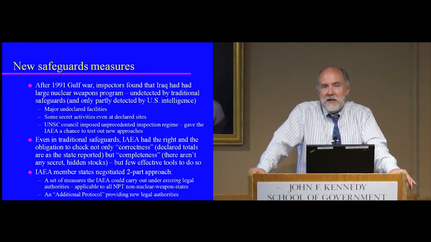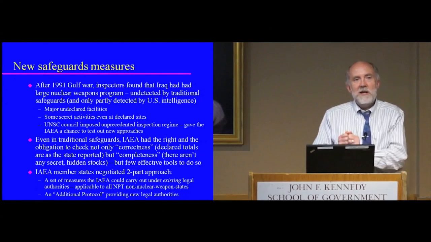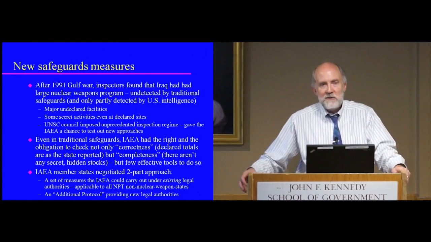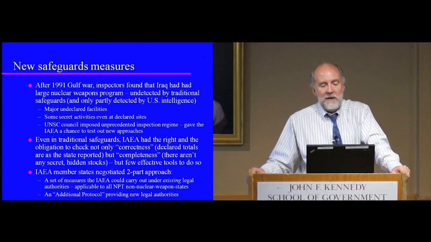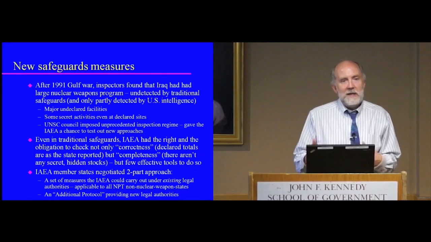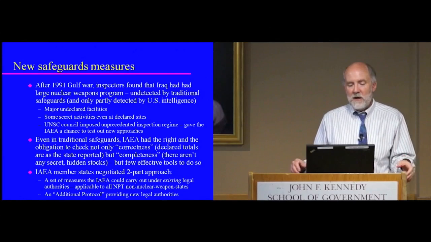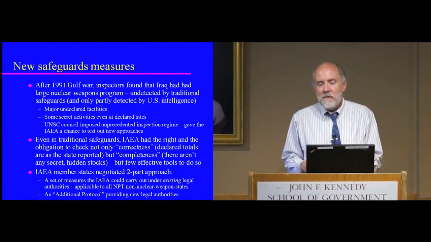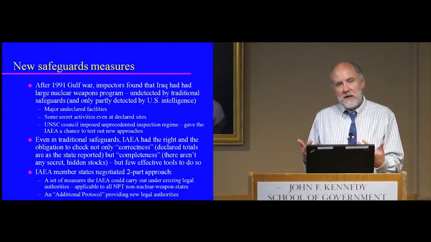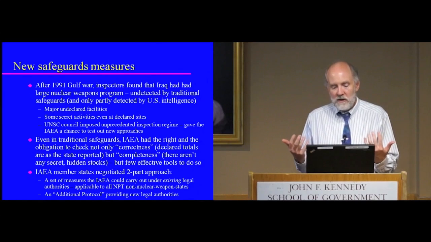The UN Security Council then imposed an unprecedented inspection regime, essentially an anytime, anywhere inspection regime on Iraq after they were defeated in the 91 war. And that gave the IAEA a chance to test out a lot of new inspection approaches. So then the member states of the IAEA started working together, and they negotiated a two-part approach.